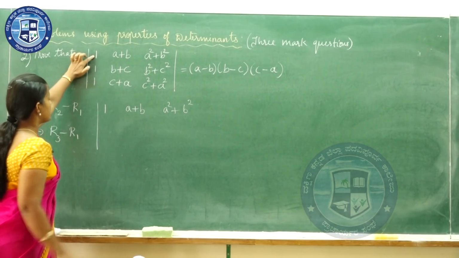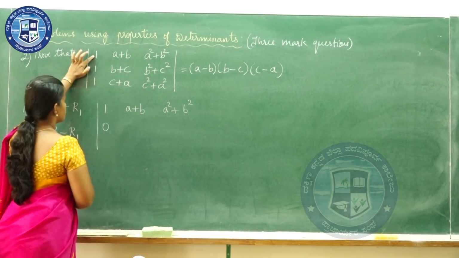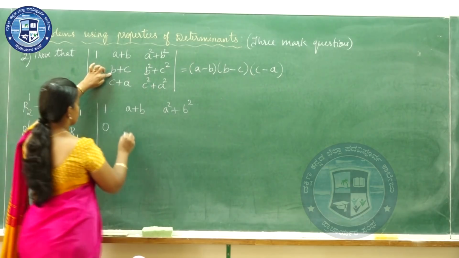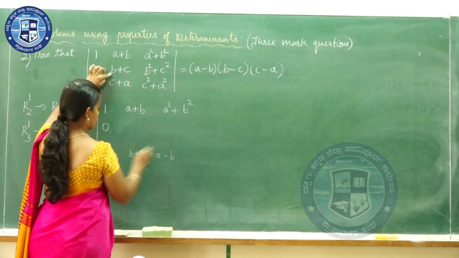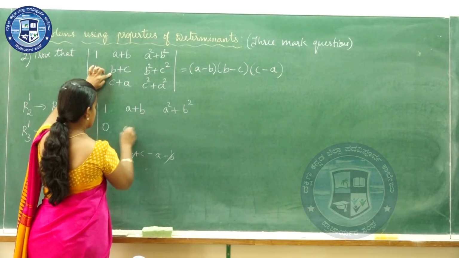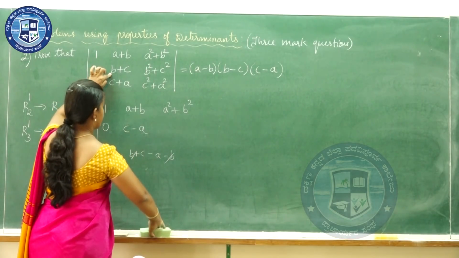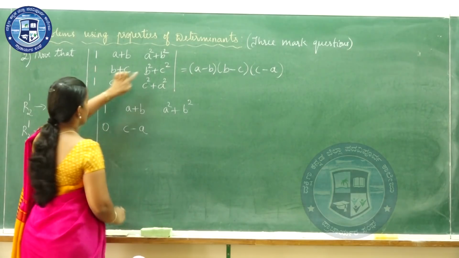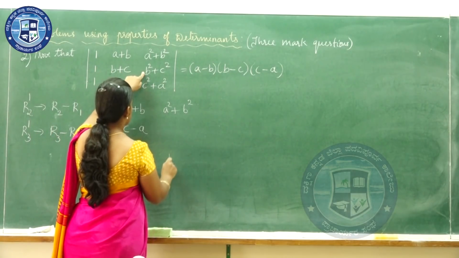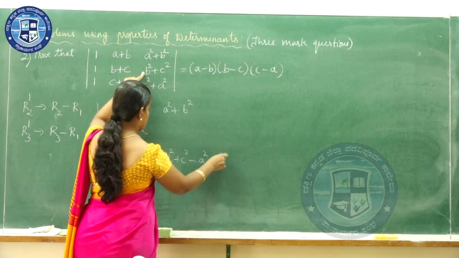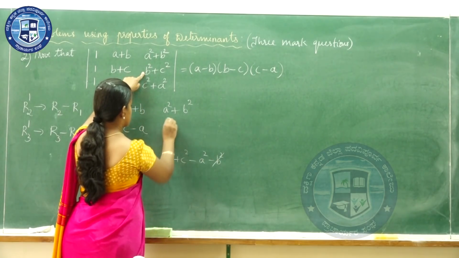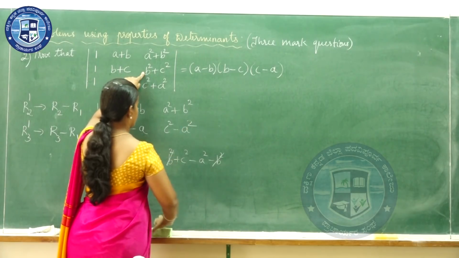So 1 minus 1 is 0, b plus c minus a plus b, so you will get c minus a. Then you have b square plus c square minus a square minus b square. So you will get c square minus a square.